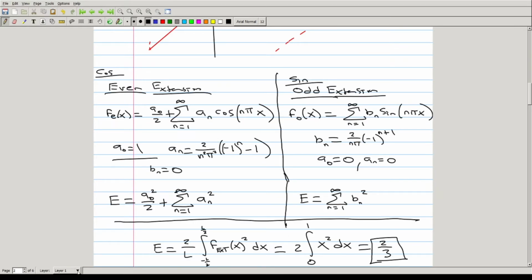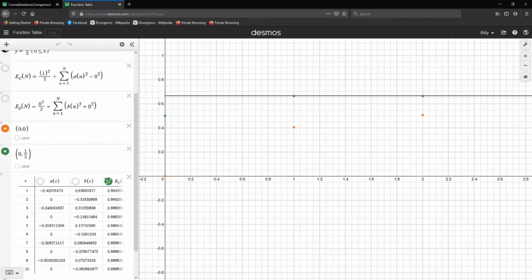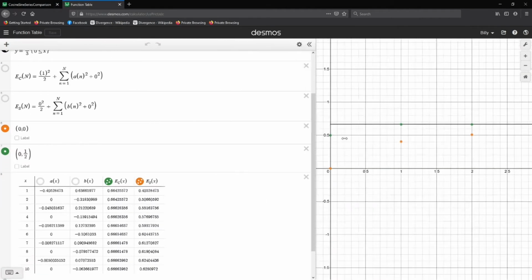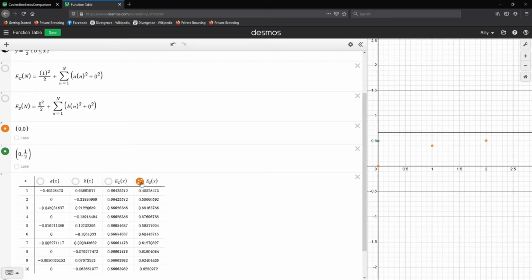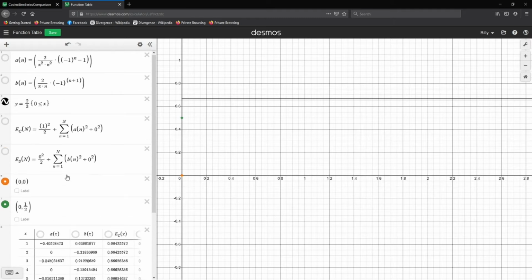So let's take a look at this example from before. And remember, the Fourier sine series is converging much slower than the Fourier cosine series. But if we go here and just visualize first what we're looking at, I'm going to put a line at 2/3.